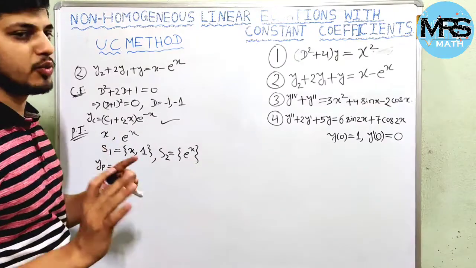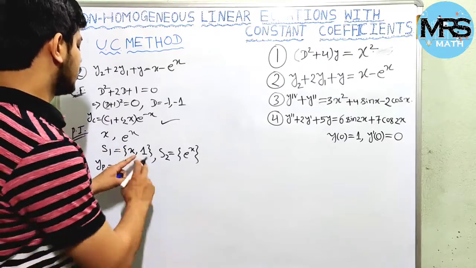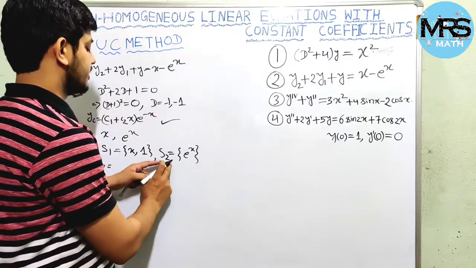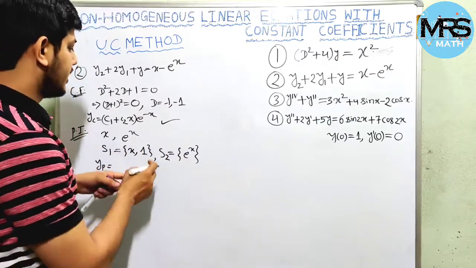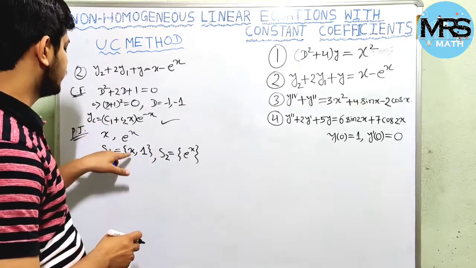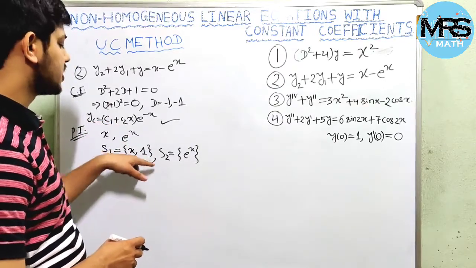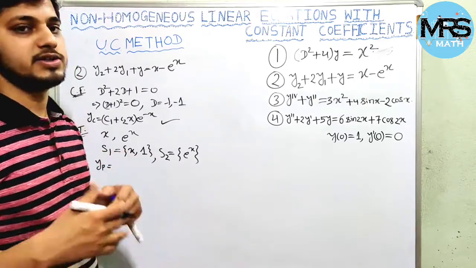Now the particular integral, what we can write? There is no step 1 and step 2 because here there is no similarity between S1 and S2, there is no subset of S1 and S2, correct? And there are no terms present in the complementary function which are equal to S1 or S2, okay? So there is no need of step 1 and step 2.